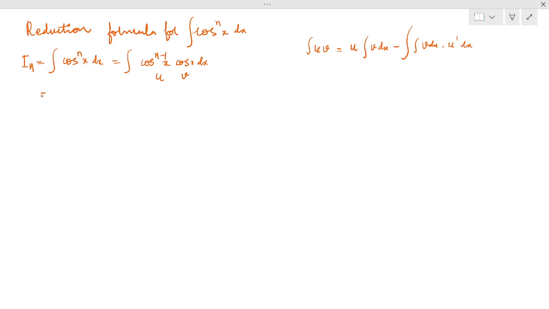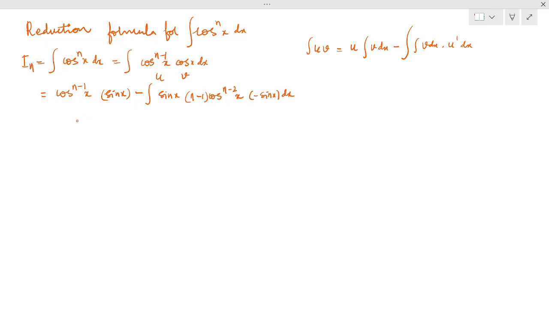So this is equal to: first function is cos raised to n minus 1 x, integration of cos x is sin x, minus integration of v, which is sin x, into the differentiation of cos raised to n minus 1 x, which is n minus 1 into cos raised to n minus 2 x, again the differentiation of cos x is minus sin x, into dx.